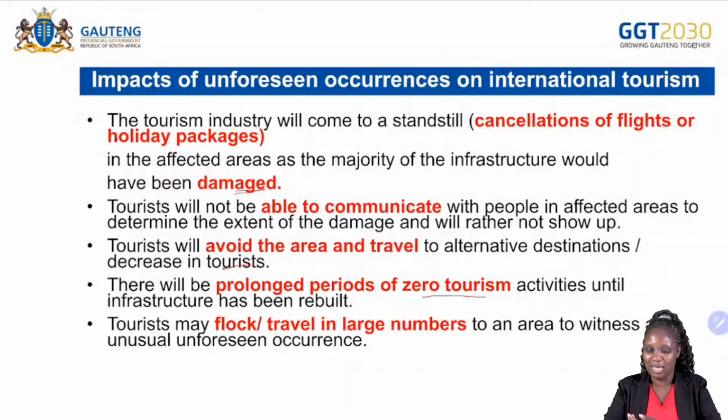These are people that will travel in large numbers to an area to witness an unusual, unforeseen occurrence. At times, if there's an accident, people will flock there. Then there will be a bystander effect. They just look, they don't do anything, they don't call an ambulance.